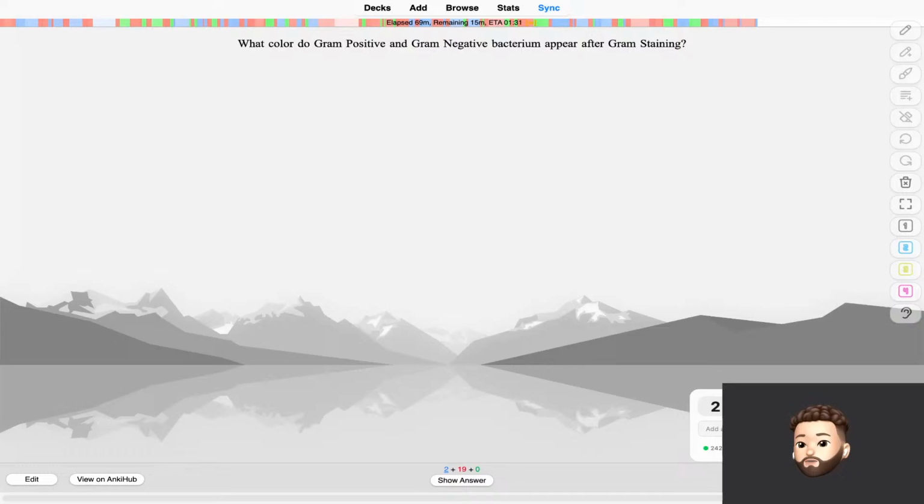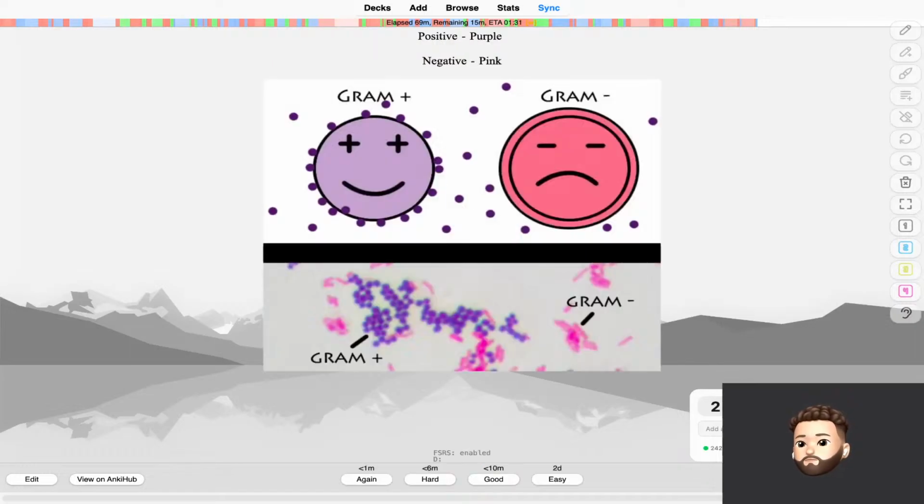What color do gram positive and gram negative stain? It's like purple and... is it purple? Is it blue and pink, purple and pink, something like that? Purple and pink. Gram positive is purple. Oh, but they both start with a P. Damn.